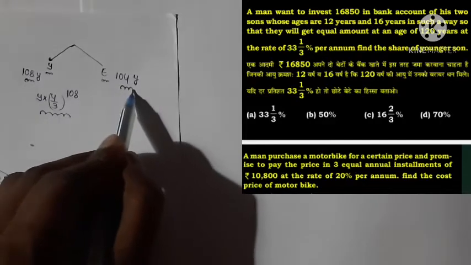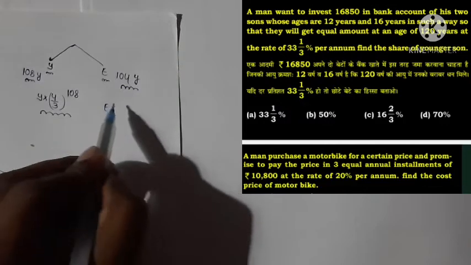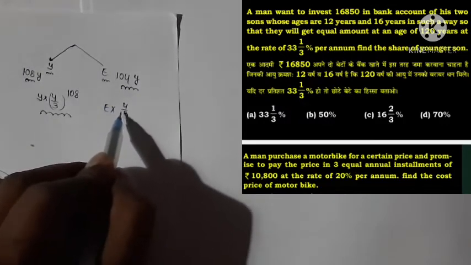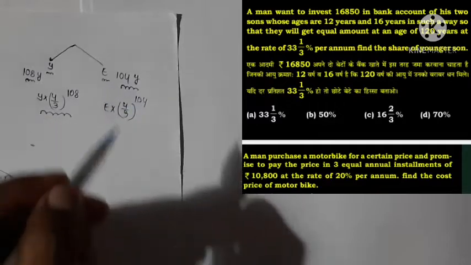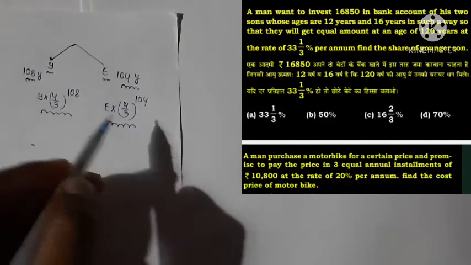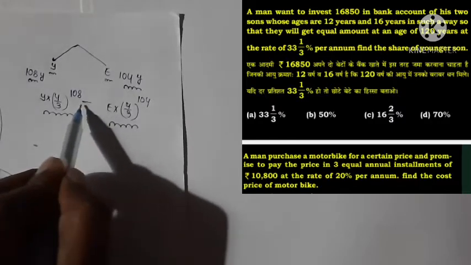So the amount of elder son is elder son into 4 by 3 whole power 104. This is the amount of elder son. So they will get equal amount, so both are equal.